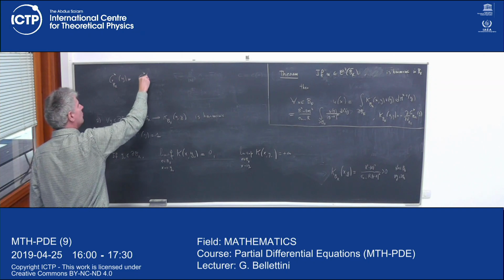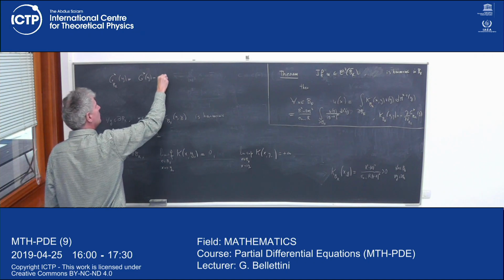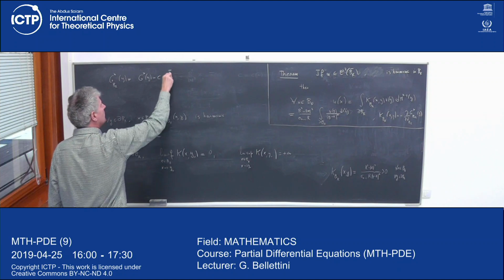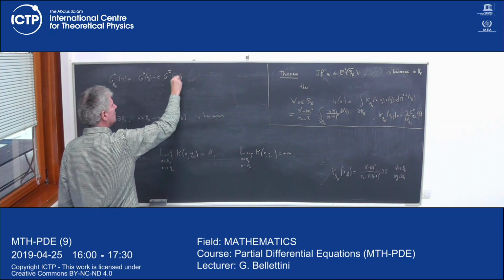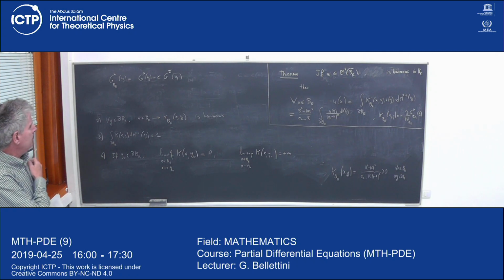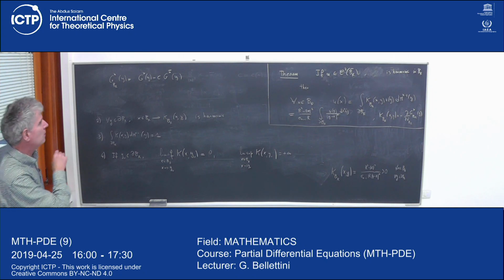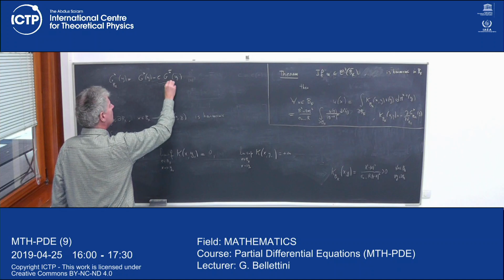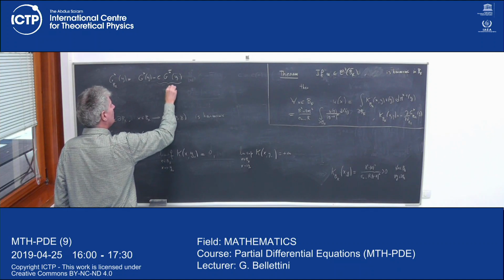It is g x of y minus c g x bar of y. Okay? But we have seen, so this was called Vx, and remember, this was also called Vx of y.